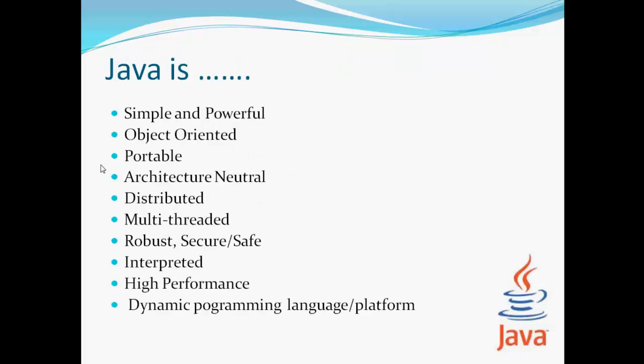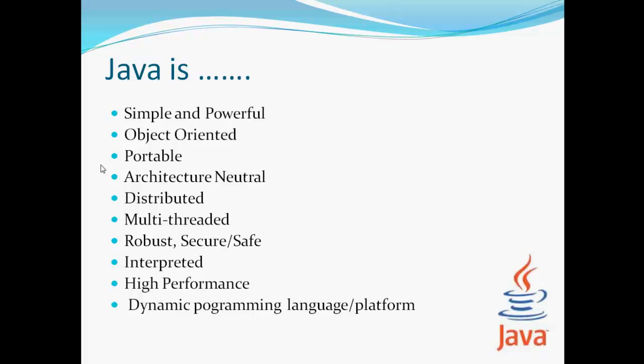On this slide, we see why Java is special compared to other programming languages, and what these specialties in Java are. Java is a simple and very powerful programming language.